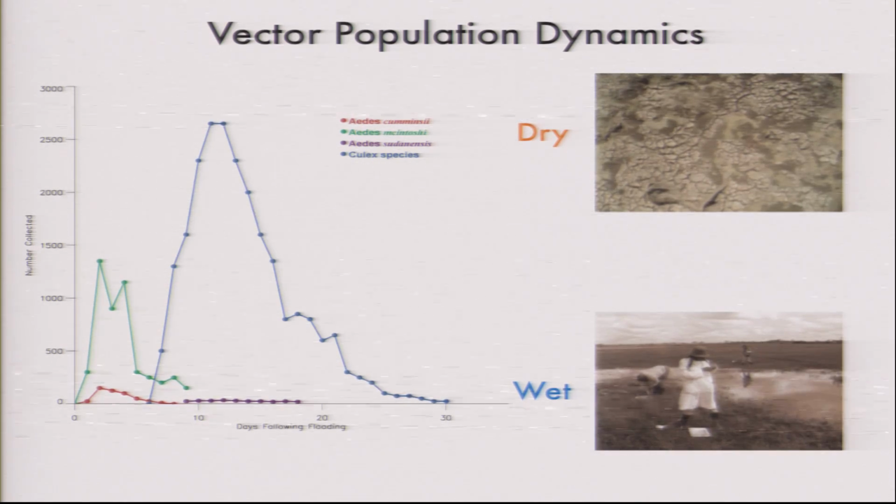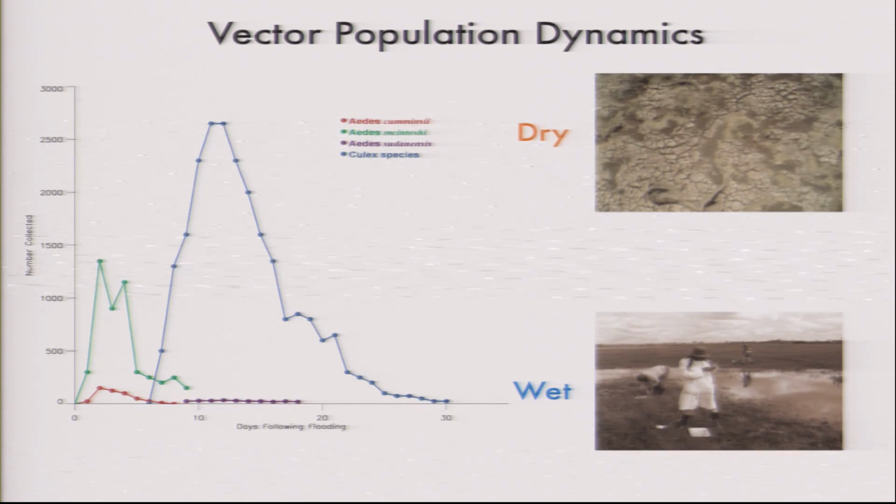And what they noticed at that time is that within about 10 days of flooding the dambo, there is emergence of the Aedes species in the first 10 days. That is shown in the blue line. And then afterwards, between 5 and 30 days, there's emergence of the Culex species.